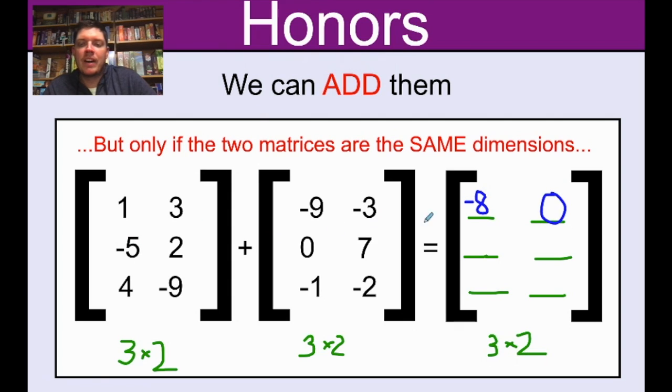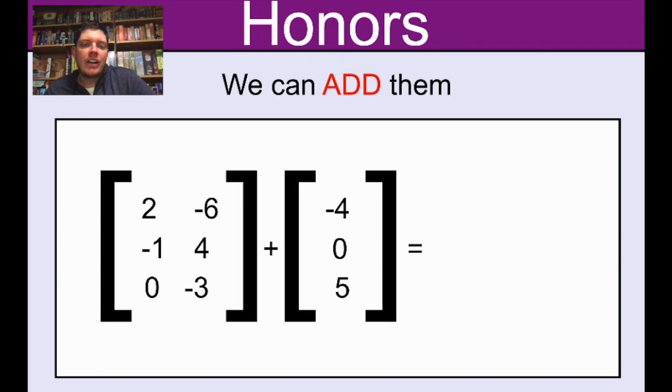Then we've got -5 plus 0 is -5. 2 plus 7 is 9. This is fun. 4 plus -1 is 3. And -9 plus -2 is -11. Hopefully I got that all right. And that would be the sum of these two matrices. Pretty straightforward.